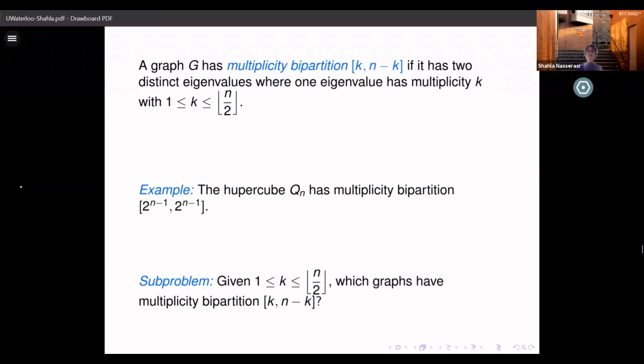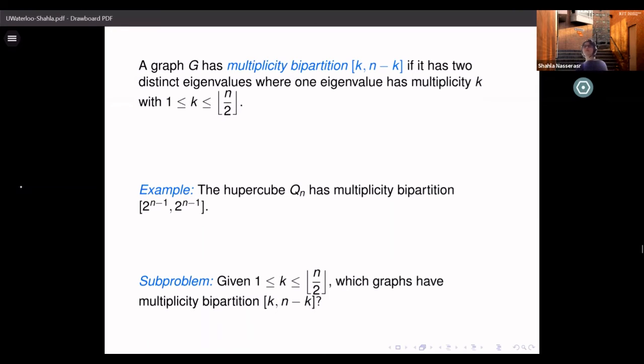Instead of that, what we did was to look at the graphs with q equals 2, and at the same time consider the multiplicity bipartition, which means that we assume one of the eigenvalues has a multiplicity k, and the other therefore is going to have multiplicity m minus k.